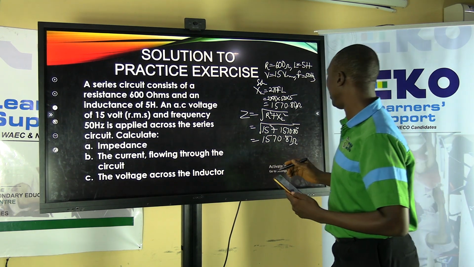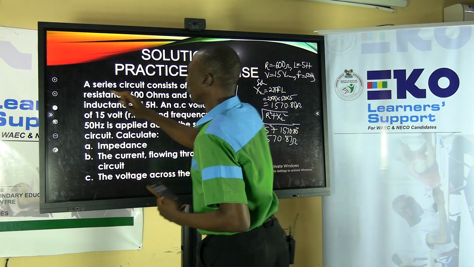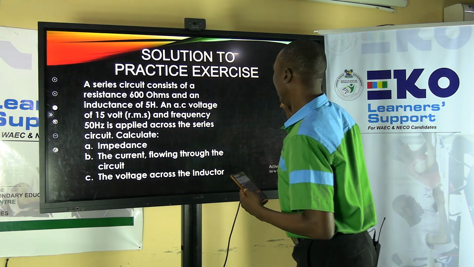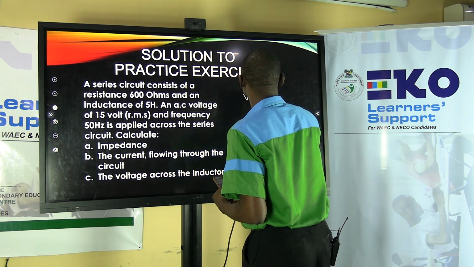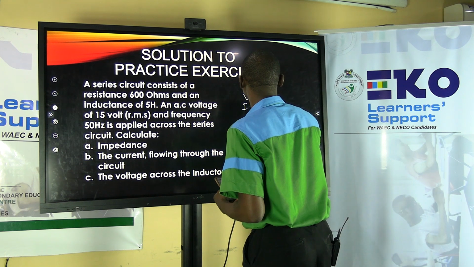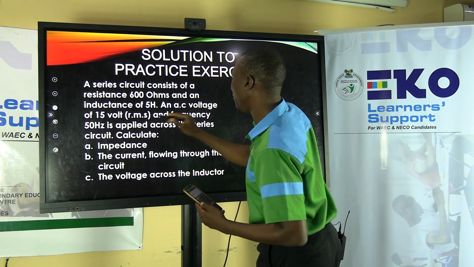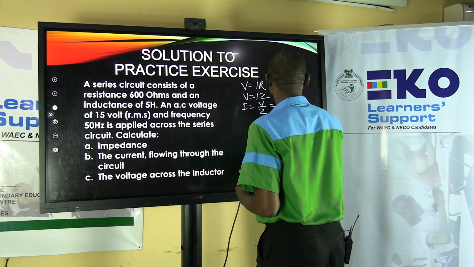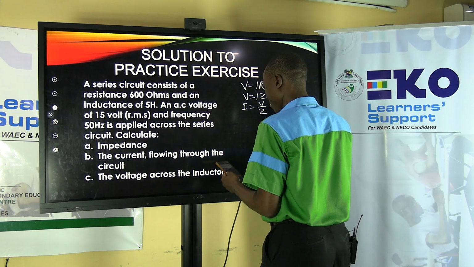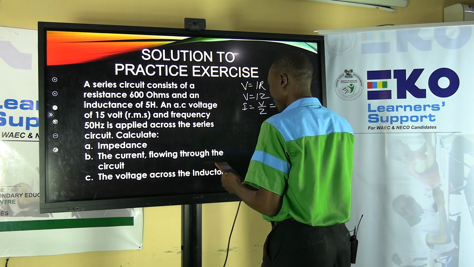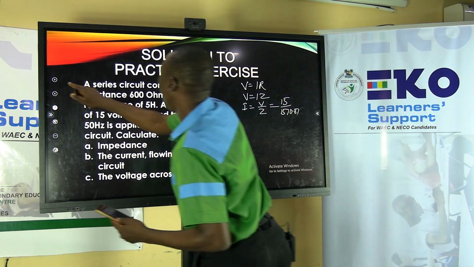Now it remains the current through the circuit. We can make use of V equals IR, but this time around it is going to be V equals IZ. So our current will be V over Z. And what is our V? We have been given V to be 15, over 1570.87.